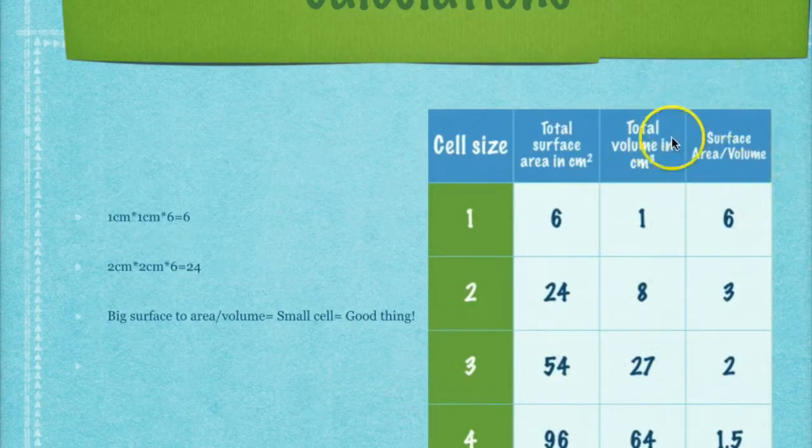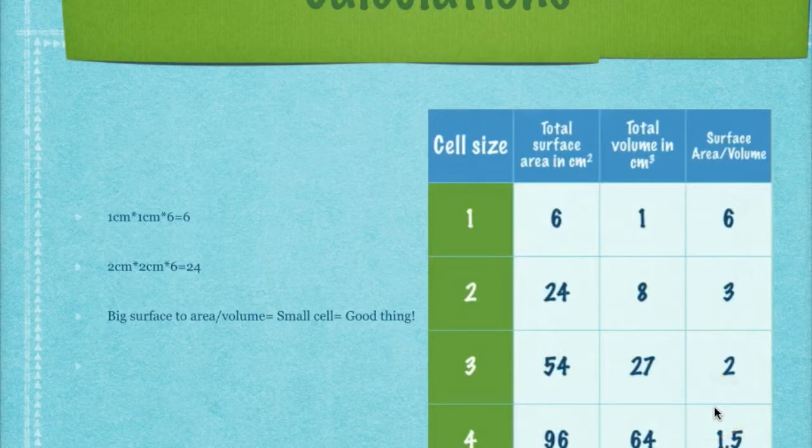The thing that we are most interested in is the surface area to volume ratio, which actually is very easily calculated. It's the total surface area divided by the total volume of the cell. So it's 6 divided by 1 equals 6, 24 divided by 8 equals 3, 54 divided by 27 equals 2, and 96 divided by 64 equals 1.5.